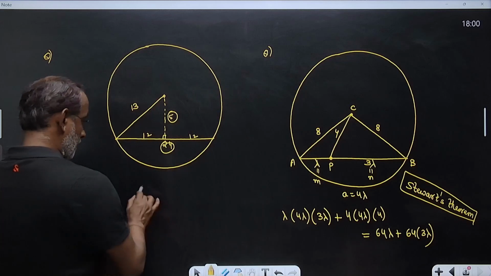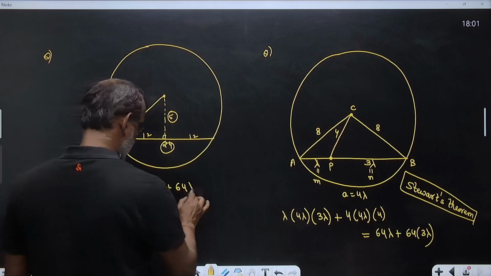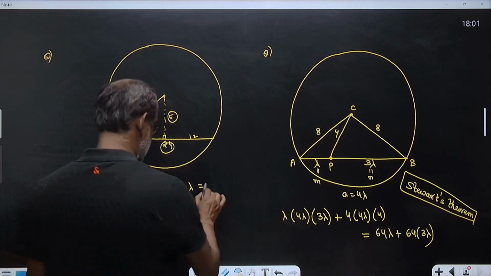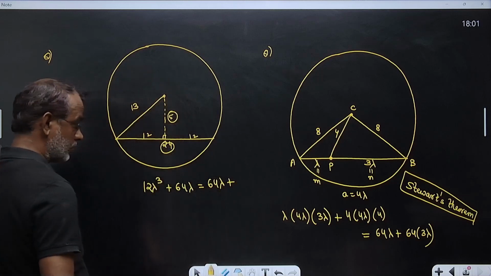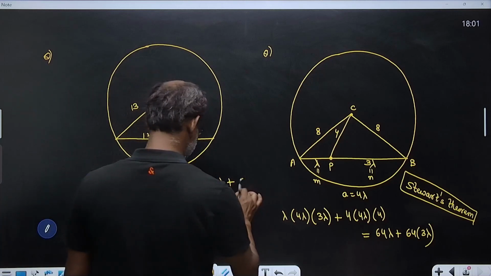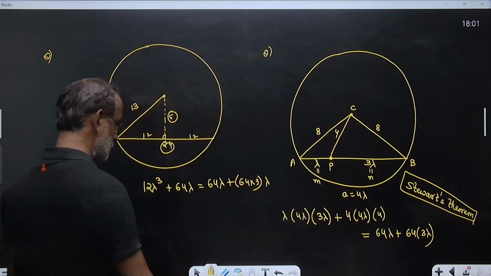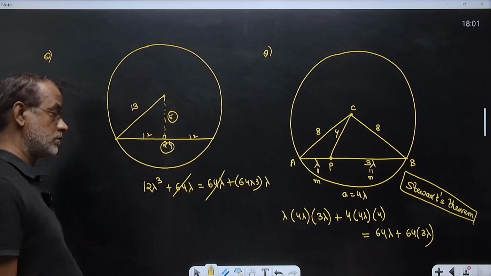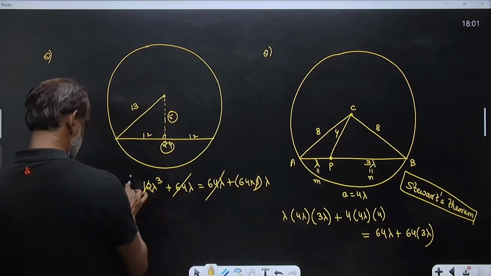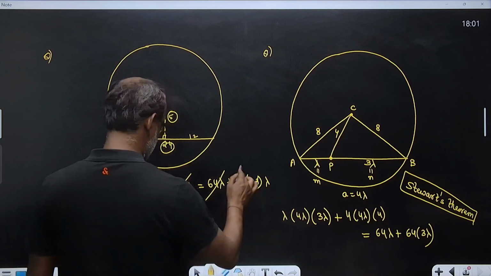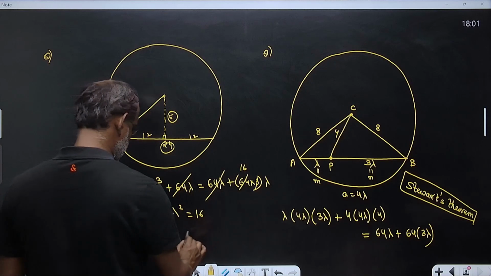So, 12 lambda cube plus 64 lambda is equal to 64 lambda plus 64 into 3. This gets cancelled, and what you get is 60. So, lambda square is 60.